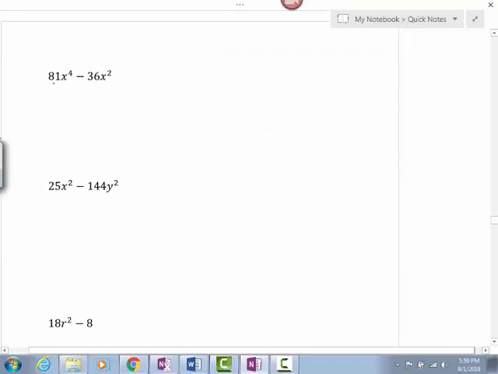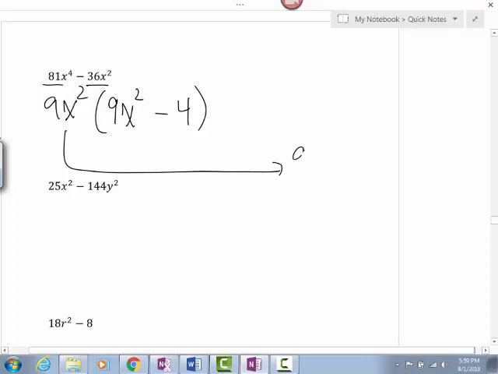The first thing I want to do here is I want to see, is there anything I can factor out of both of them? Yeah, we can actually factor out a 9x squared out of both those pieces. And if I factor out a 9x squared, well, let's see, 9 goes into 81 9 times. And 9 goes into 36 4 times, okay? So just like we did before, I'm going to put my 9x squared right here.